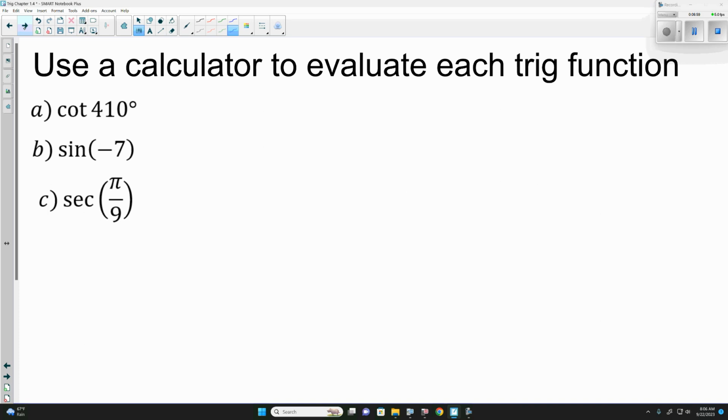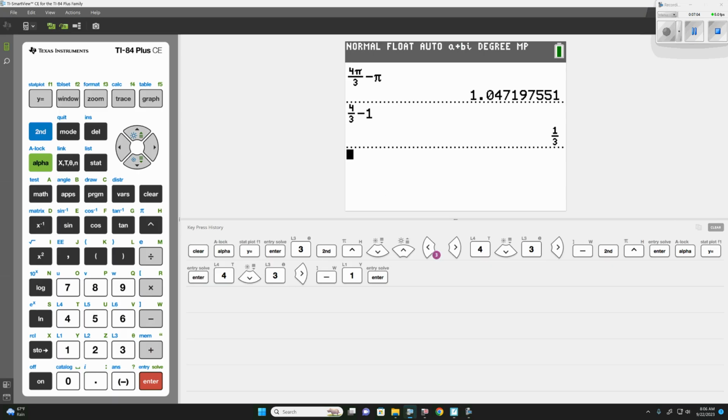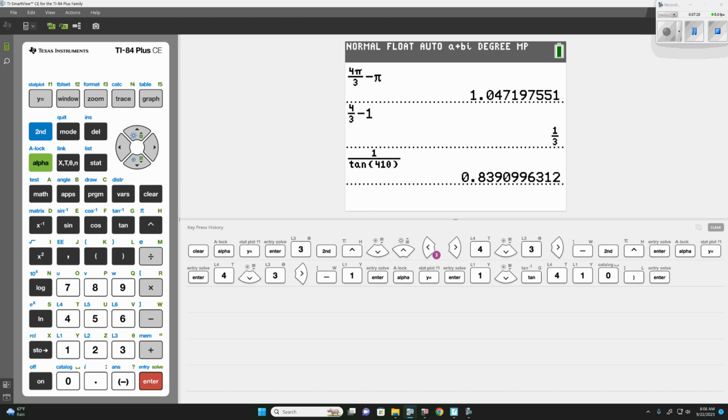Use a calculator to evaluate each trig function. Cotangent of 410 degrees. Well, I'm going to grab the graphing calculator. Alpha y equals enter. 1 over tangent of 410 degrees. 0.8391.